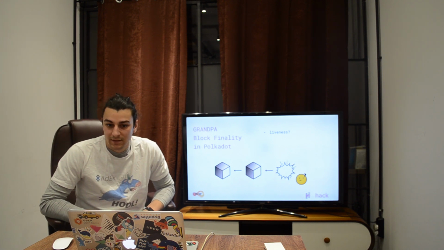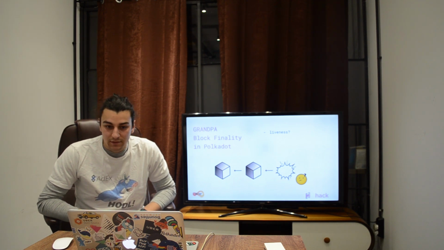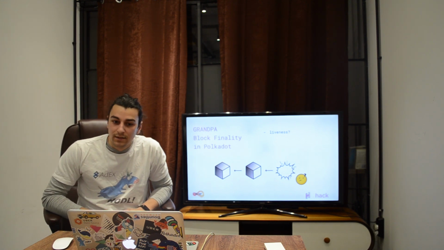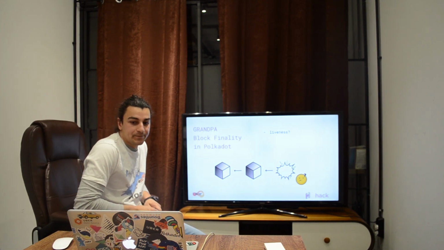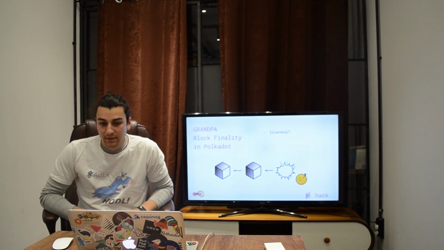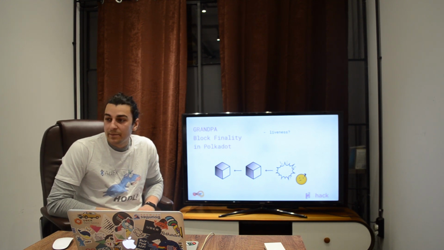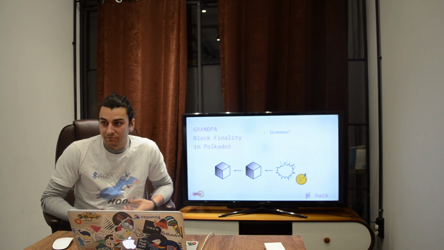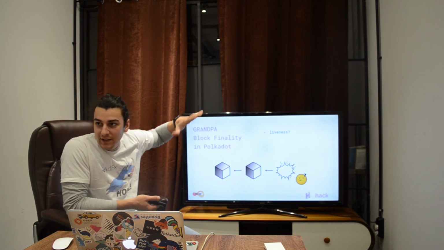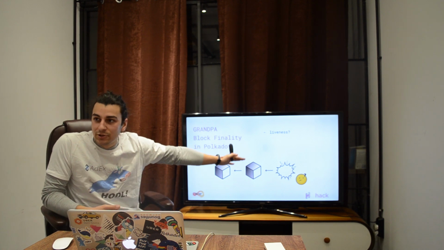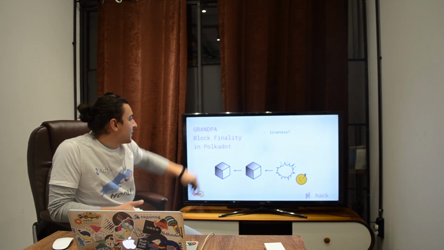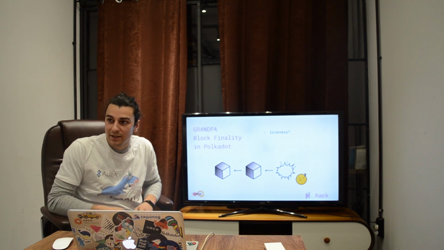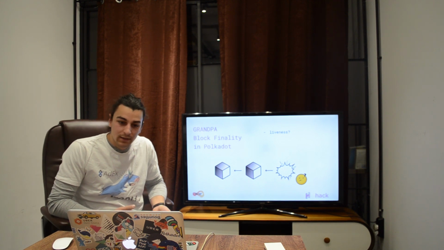In order for this separation not to affect the liveness property, they made it dependent on some properties of the block. For example, in the block, you have some properties which the Grandpa finality gadget, which provides the finality and verification of the blocks, relies on.